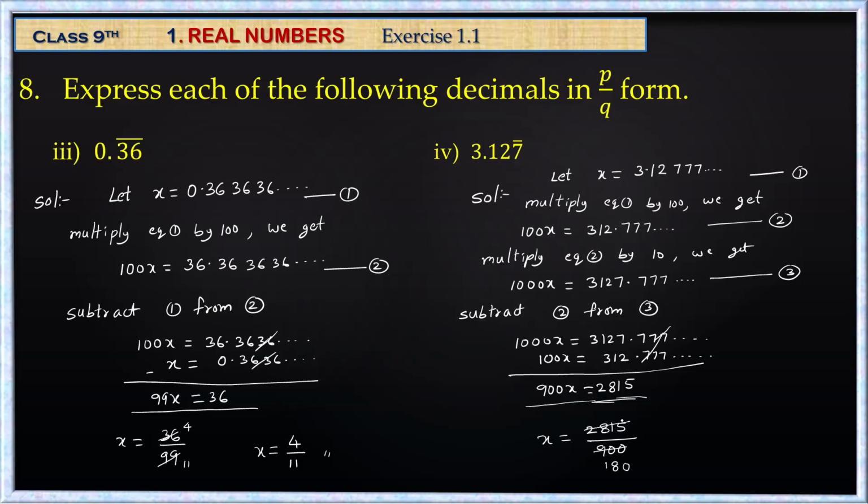Here 5 5s are 25, 3 is the remainder, 31, 5 6s are 30 and 1 is the remainder, 15, 5 3s are 15. Now the answer is 563 by 180.